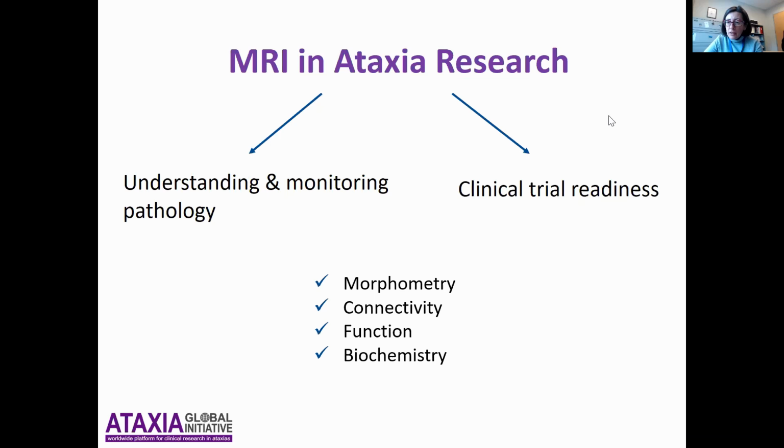And I'm going to touch upon four areas: morphometric, connectivity, function, and biochemistry measurements using MRI and quantitative measurements of these. And I'll try to cover these areas with examples from different types of ataxias, hereditary and sporadic, just a sampling. And bear in mind, this is a very limited view of what's out there.